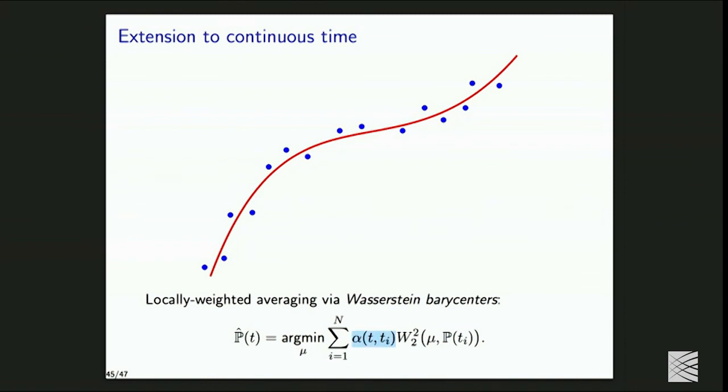So we can imagine that if you want to estimate this distribution at time t, then you could look at all of the distributions that are, for example, within some interval around t.